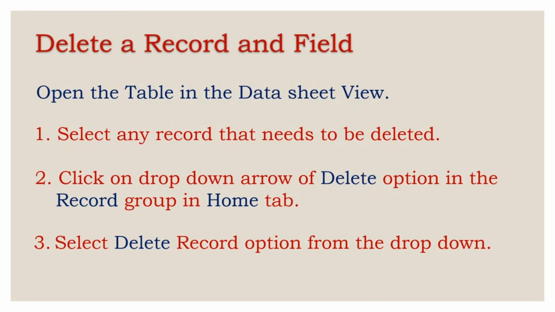To delete a record and a field, first open the table in the datasheet view. Select any record that needs to be deleted. Click on drop-down arrow of Delete option in the Records group in Home tab. Select Delete Record option from the drop-down.